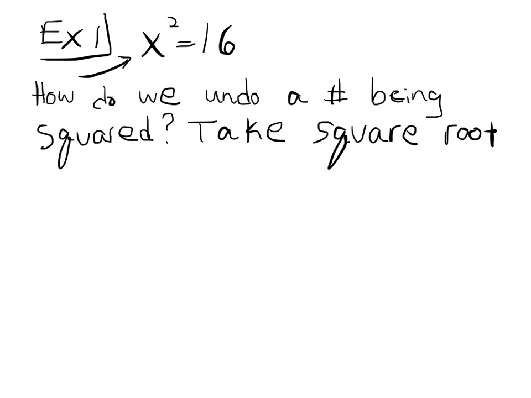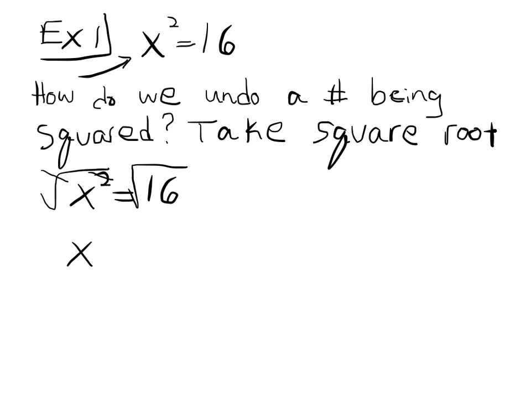If you need to, you can rewrite the original problem in your notes: x squared is equal to 16. All this is asking is what number times itself will give me 16. The mathematical way of showing this work is to take the square root of both sides, because when you take the square root of a number, the squared cancels out since they're inverse operations.